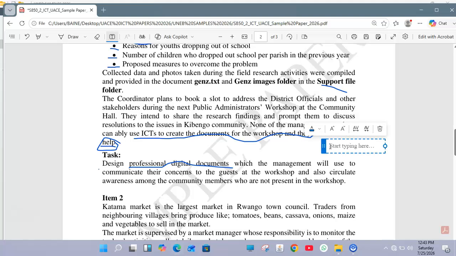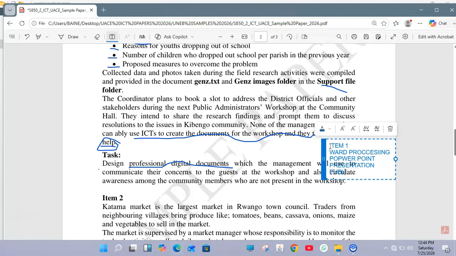Let's start with item 1. Since it is compulsory, you are supposed to approach it with electronic word processing. Then you are supposed also maybe to do a PowerPoint presentation, or you are supposed also to do what we call Publisher.